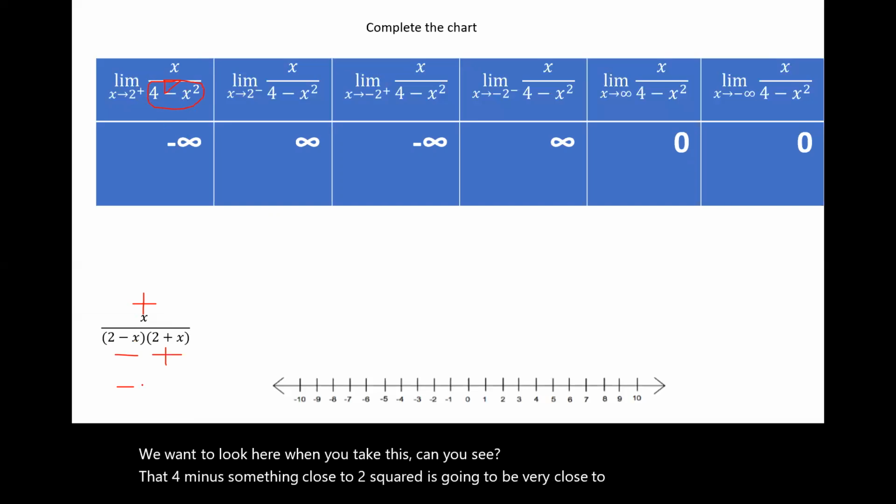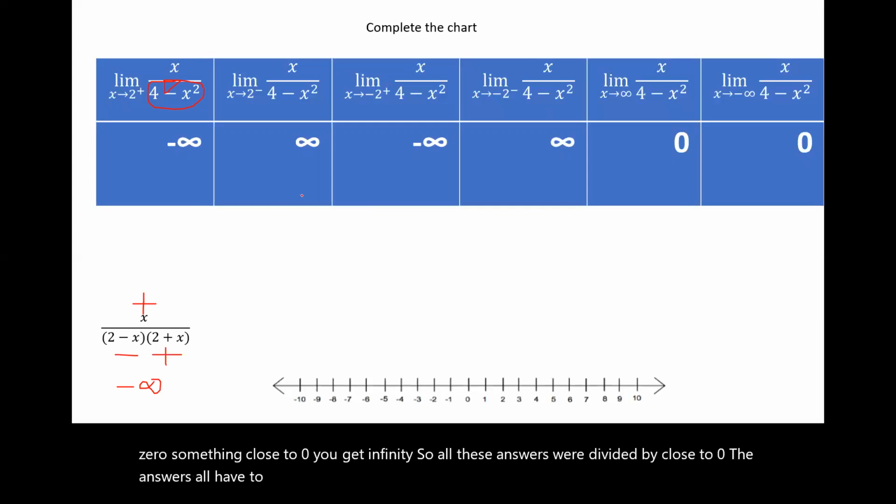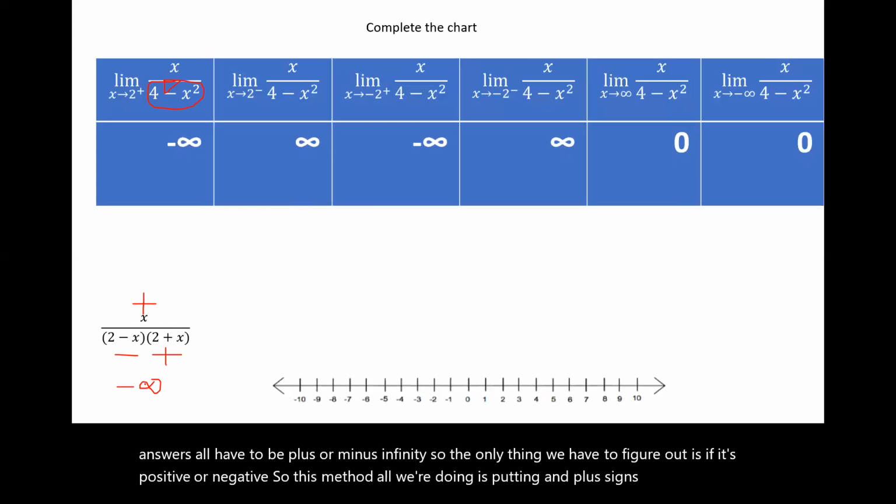When you divide by something close to 0, you get infinity. So all these answers where we're dividing by close to 0, the answers all have to be plus or minus infinity. So the only thing we have to figure out is if it's positive or negative. So this method, all we're doing is putting in plus signs, minus signs, and then the infinity.